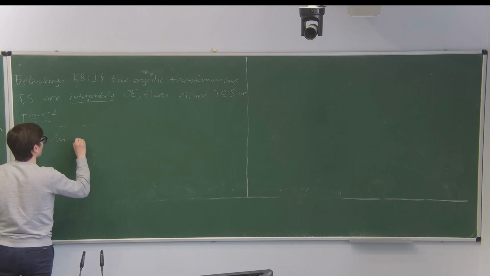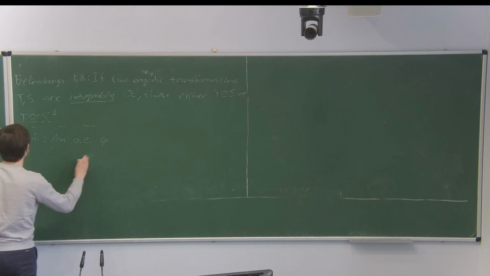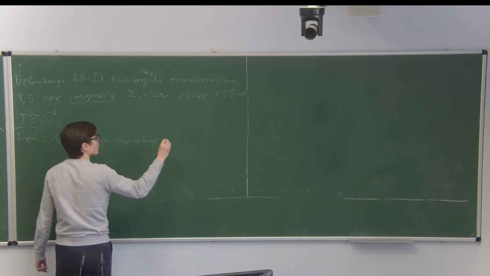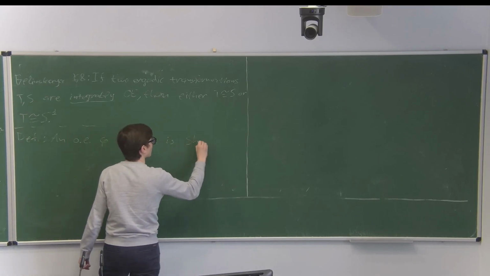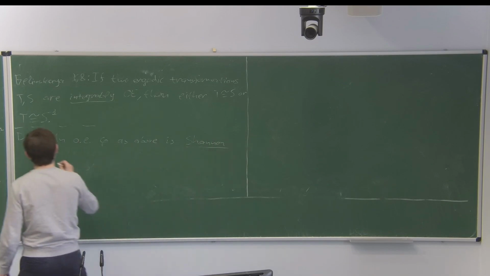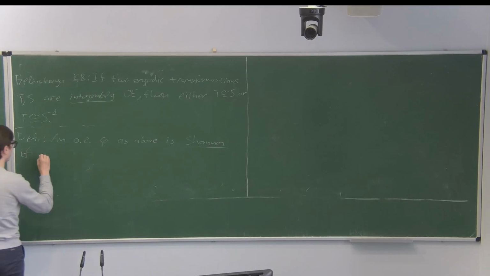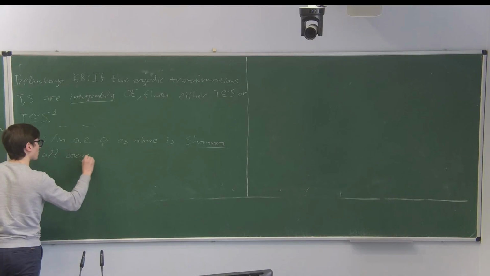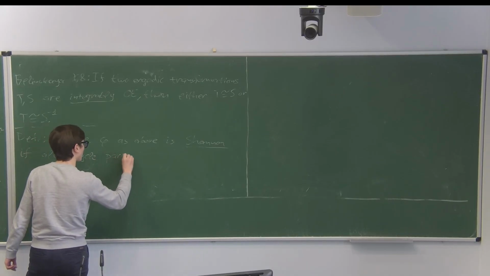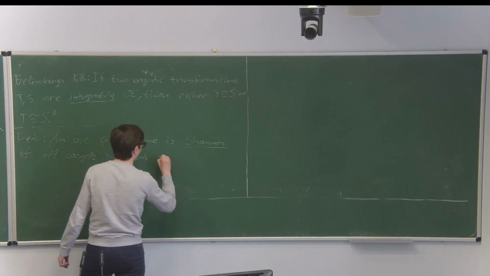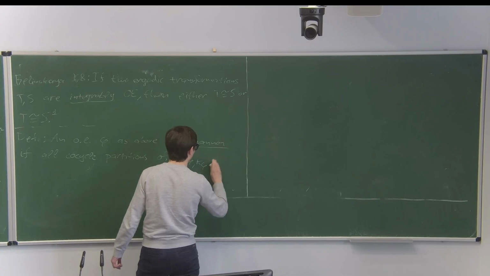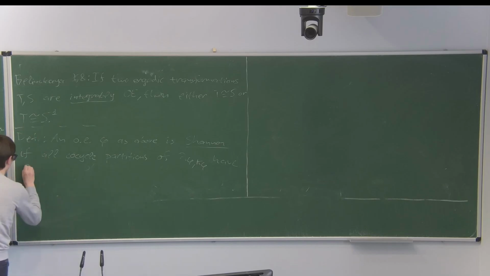An orbit equivalence phi, as above, is Shannon if all cocycle partitions of lambda phi and kappa phi have finite Shannon entropy.